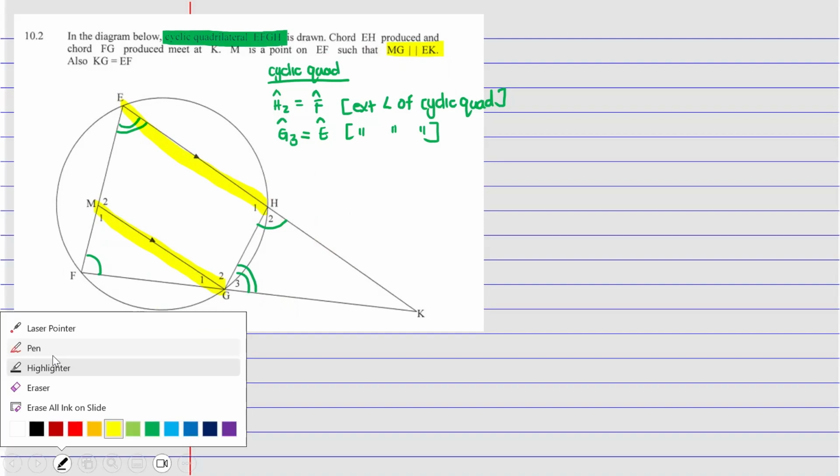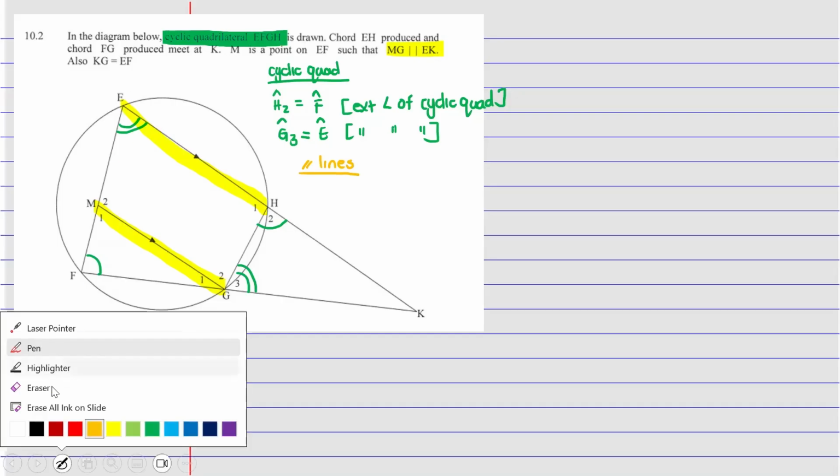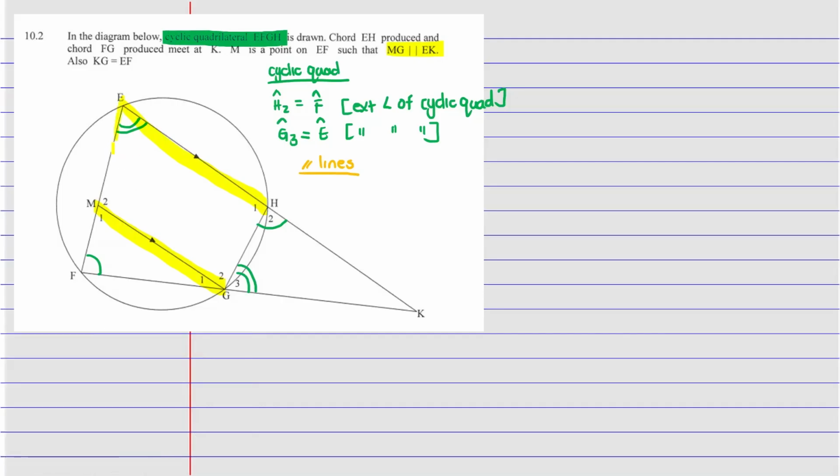So let's take our pen, change the color, and say parallel lines. What do we know about parallel lines? Do you see that here we can create an F? Let's take our highlighter. Since we can create an F, we see that this angle here, E, is equal to angle M1.